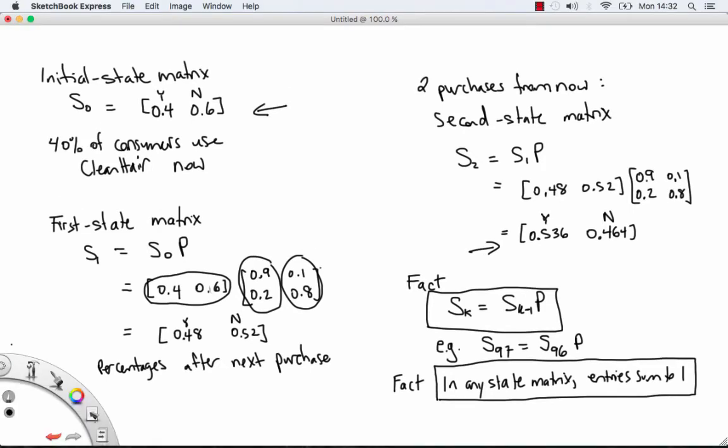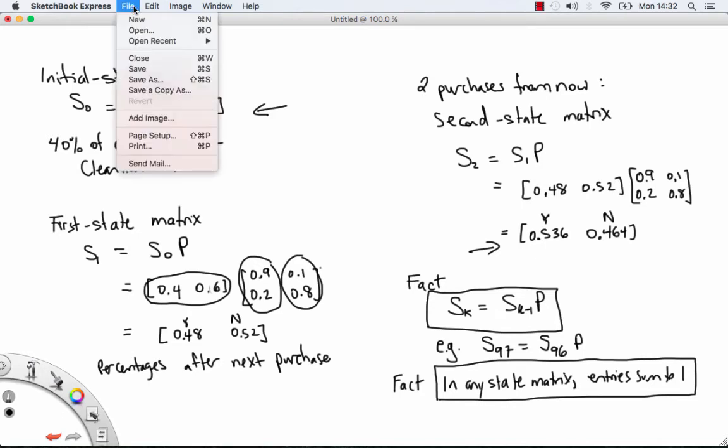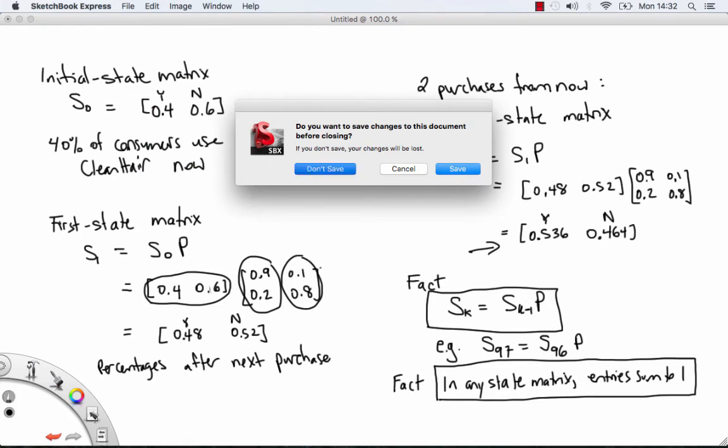Okay, so let's start a new screen, new idea here, and we're going to think about a second way of calculating these state matrices. So new page. Let's notice a different way of thinking about these state matrices.